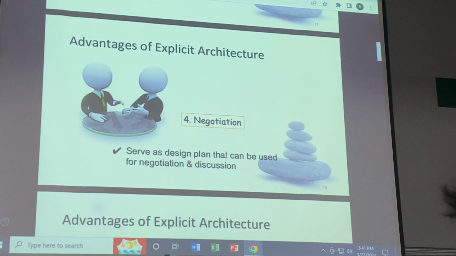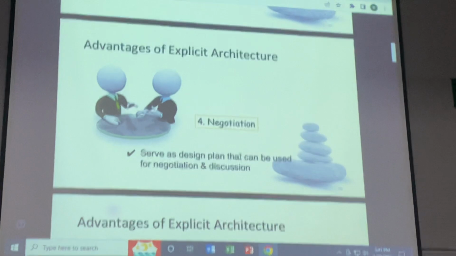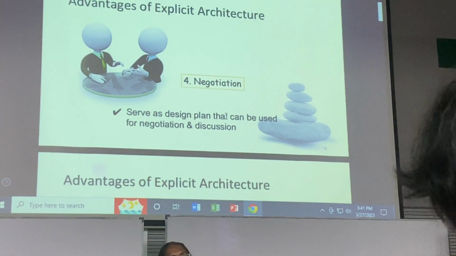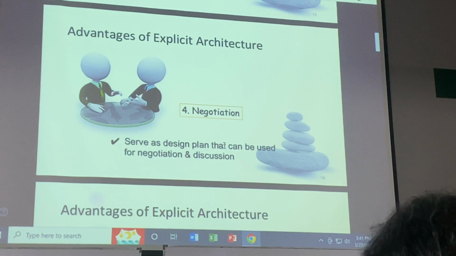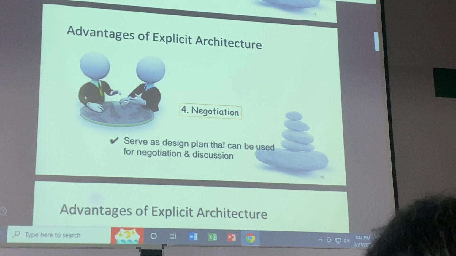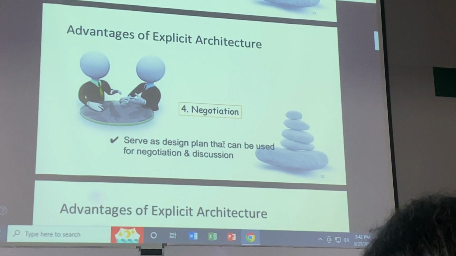Negotiation is between the stakeholders. For example, I'm the lecturer. I have my own perspective and my own requirements and expectations about the system. I'm an IT lecturer, and there's another lecturer, a business lecturer.